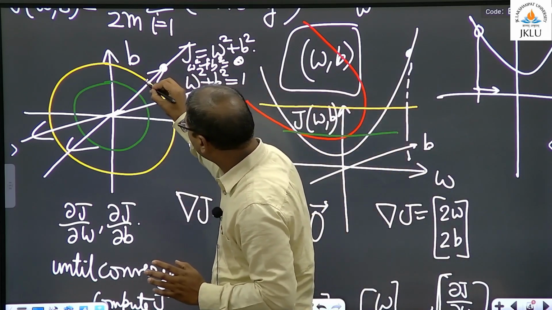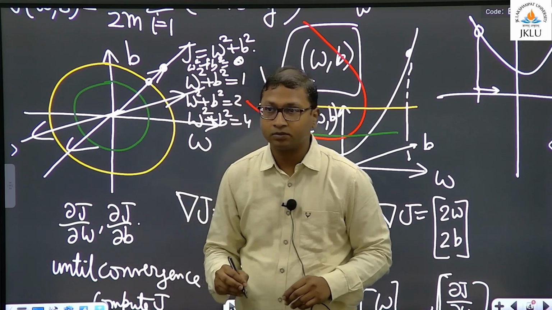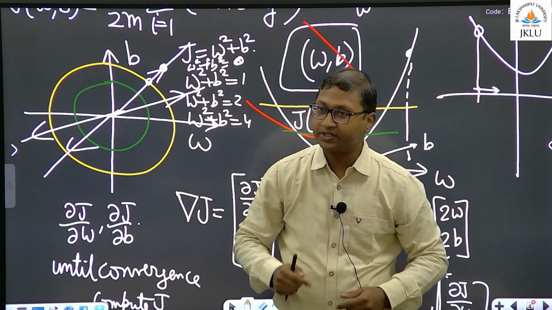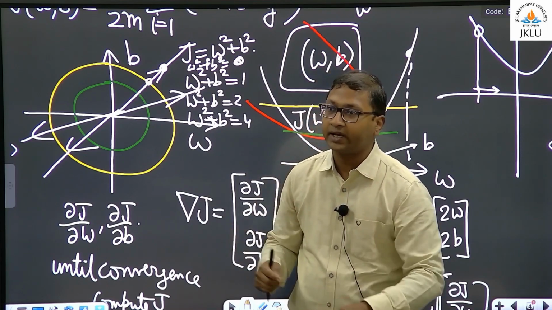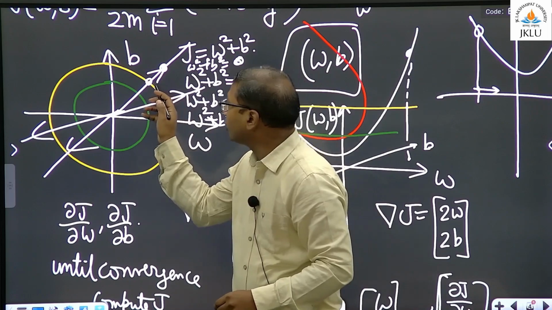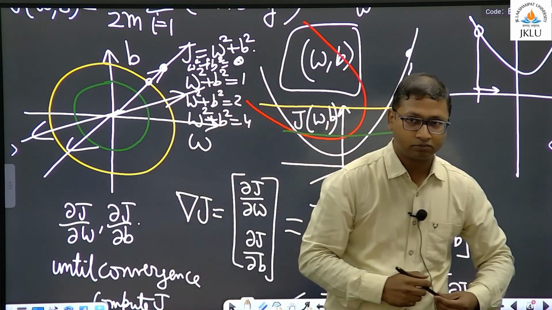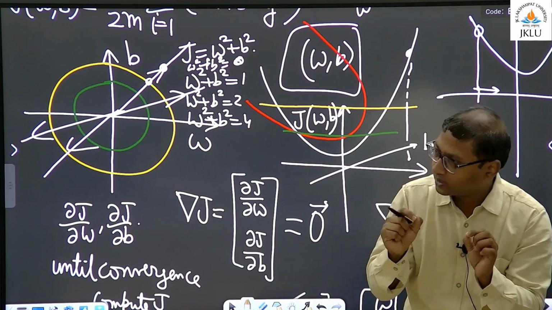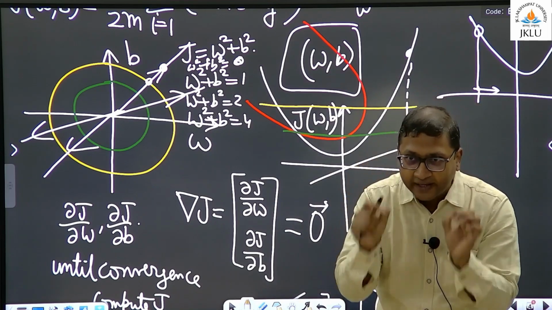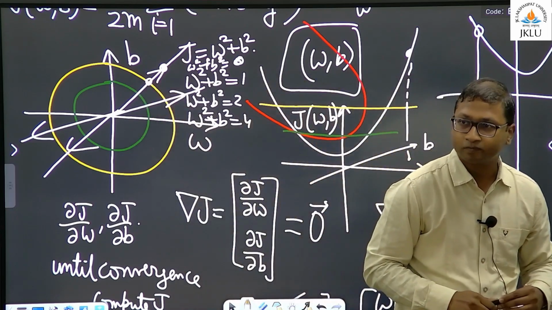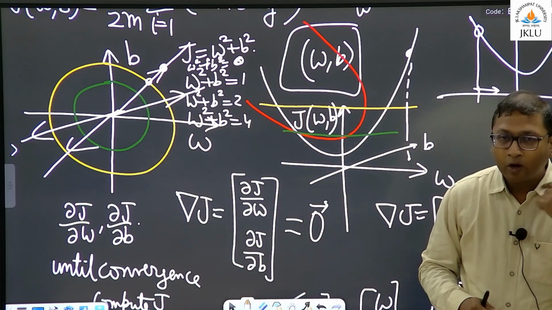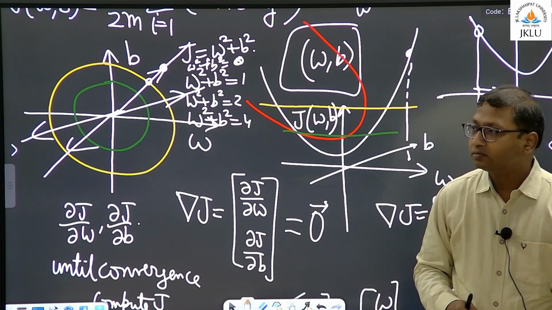Let's say I am talking about this particular point. I have a bowl shaped function. Which direction gives me the maximum increase in J? Let's say if I go perpendicular to this point, I move infinitesimally, very little perpendicular to this particular vector. How much change do I make in J?